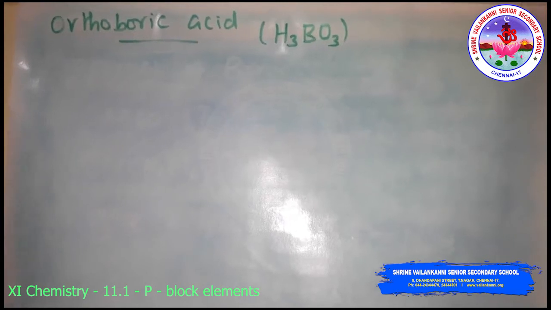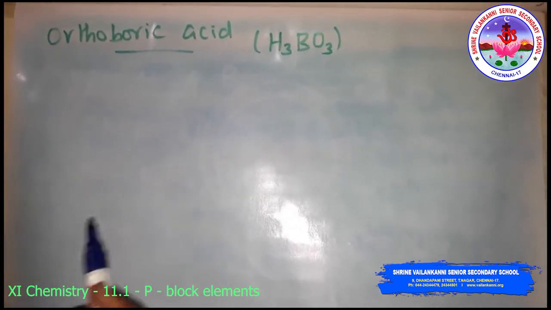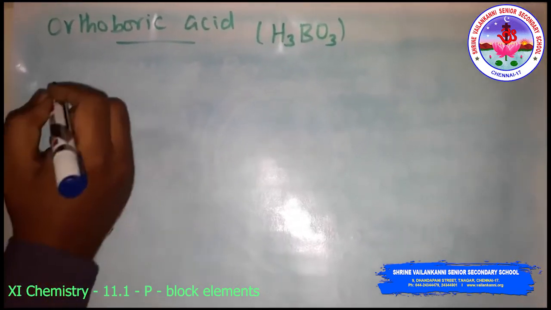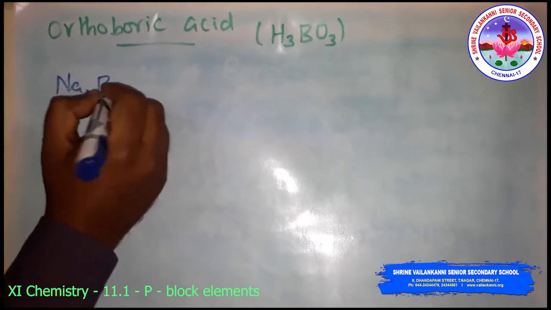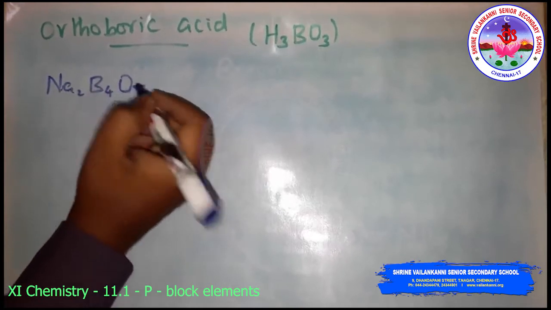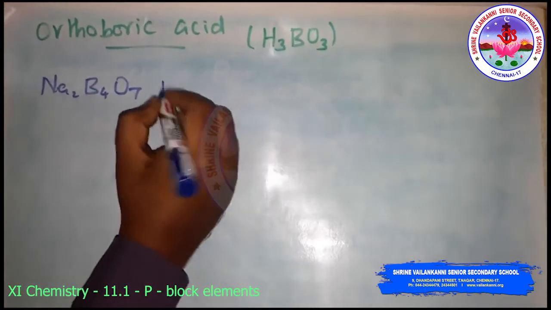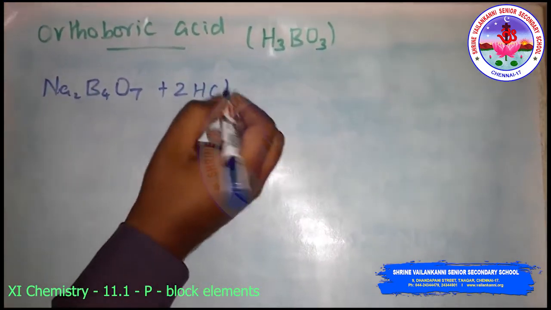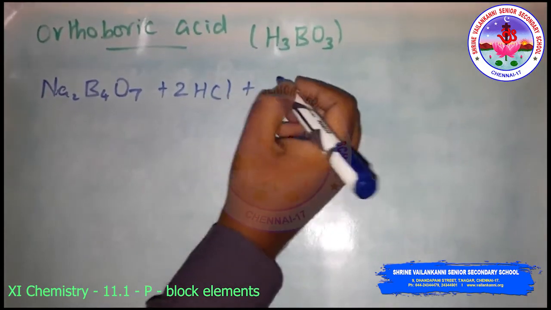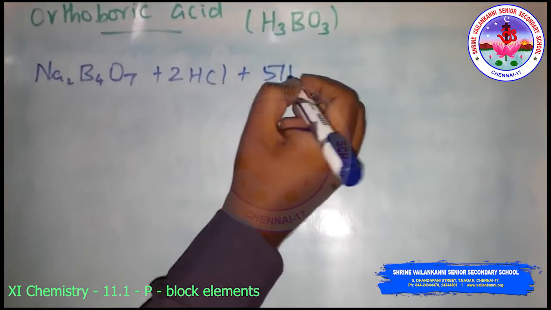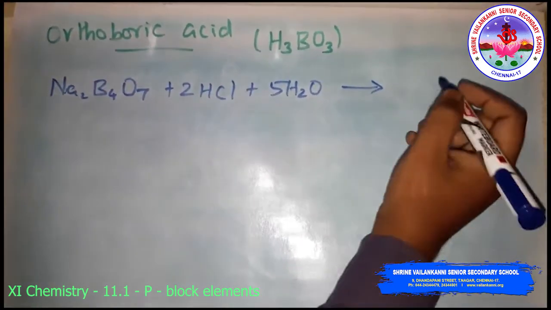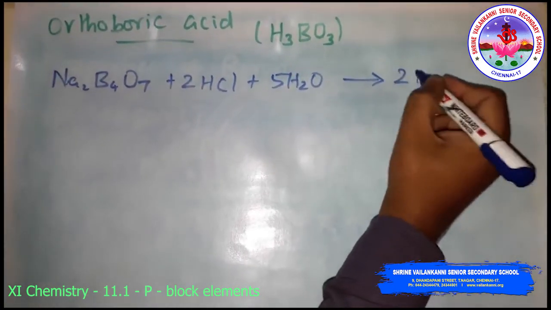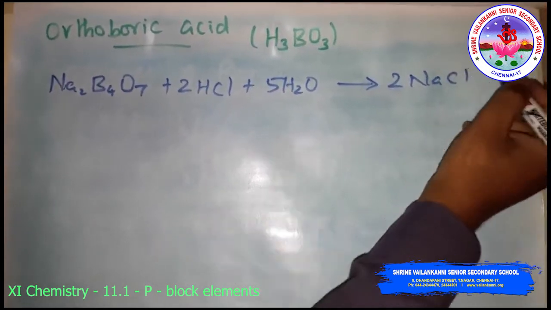It can be prepared by acidifying an aqueous solution of borax, Na2B4O7, by reacting it with a dilute acid. You will get sodium chloride and orthoboric acid.